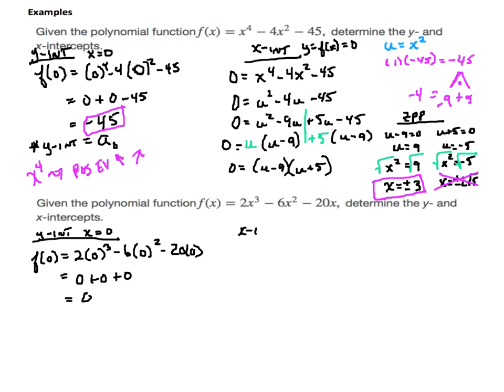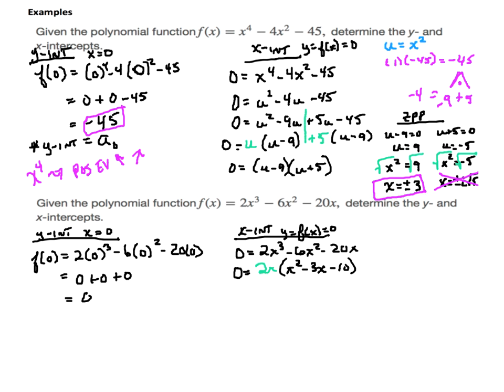And the x-intercept, this is what I get when I plug in 0 for y, or f of x. 0 equals 2x cubed minus 6x squared minus 20x. I can begin to whittle this down with factoring by factoring a GCF of 2x out, and that leaves me with x squared minus 3x minus 10.